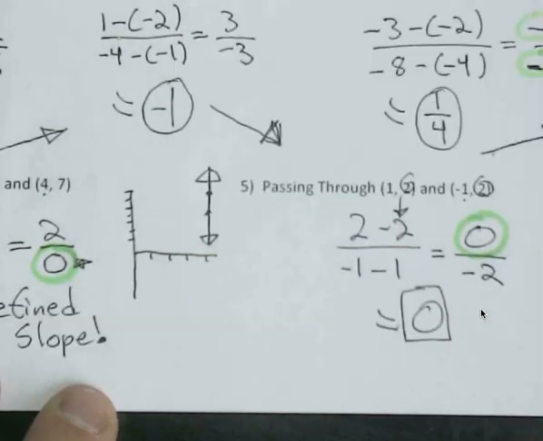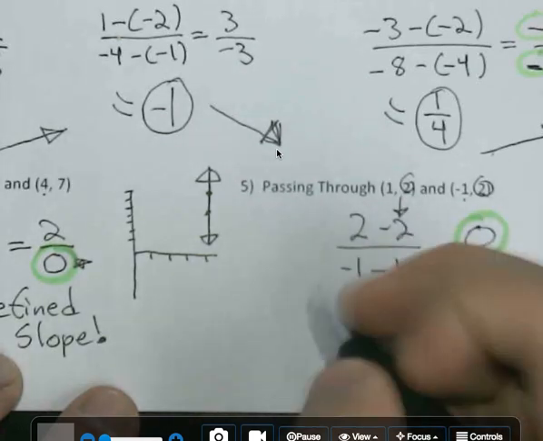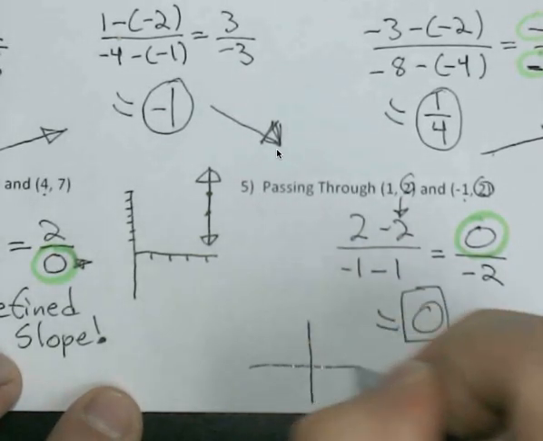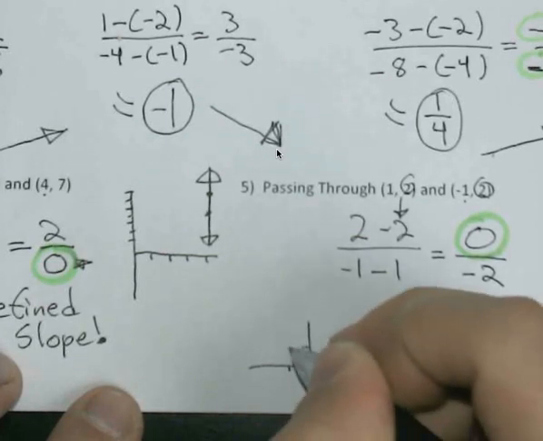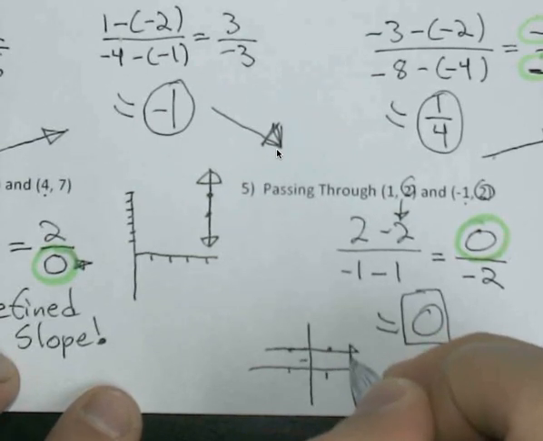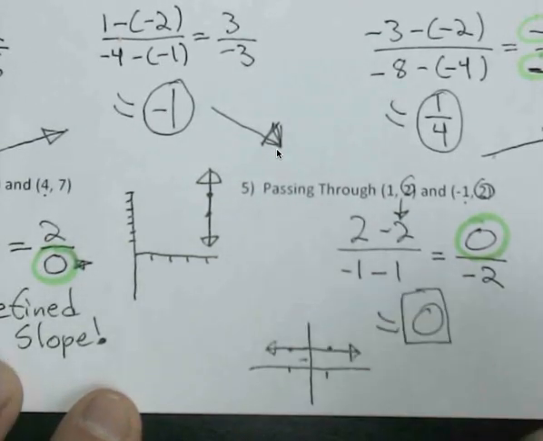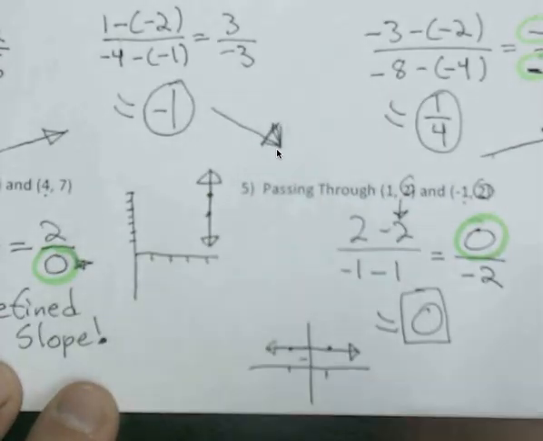And in this case, if you think about how this will look when it's graphed, since the y-coordinates are the same, it looks something like this. 1, 2 is here. Negative 1, 2 is here. So what kind of line is this? Is this vertical, horizontal, left, right? What do you think?